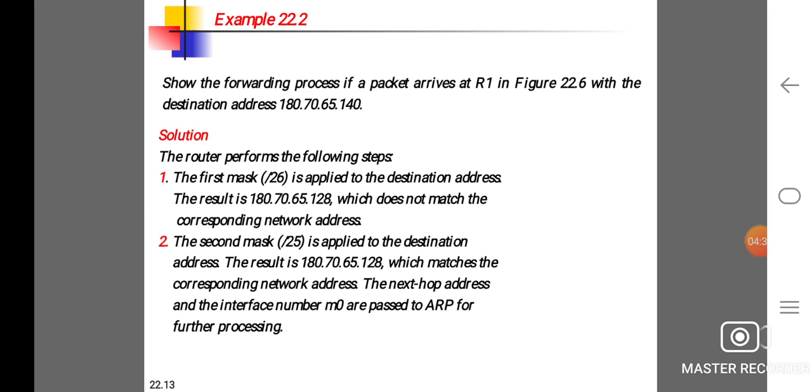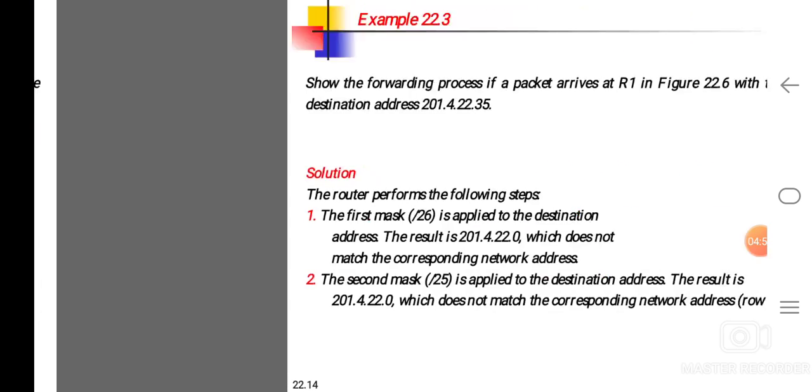The result is 180.70.65.128, which does not match the corresponding network address. The second mask 25 is applied to the destination address. The result is 180.70.65.128, which matches the corresponding network address. The next hop address and the interface number M0 are passed to ARP for further processing.